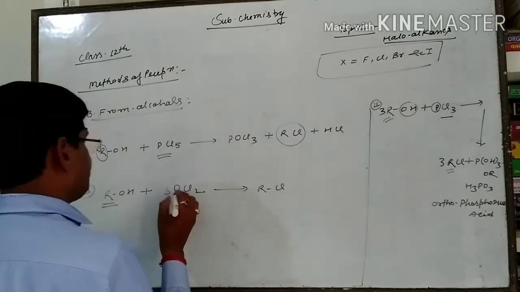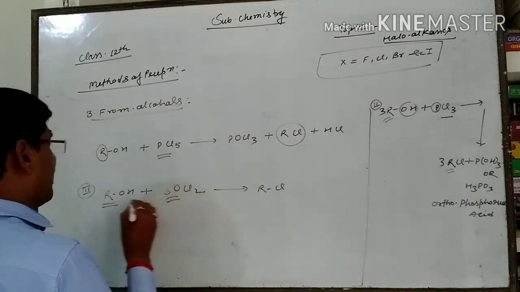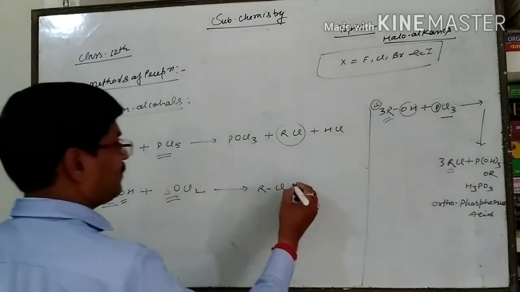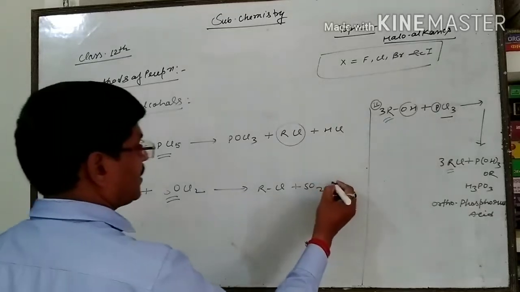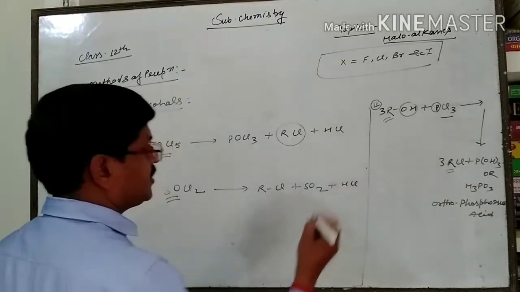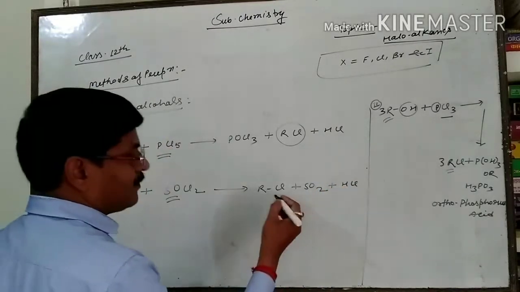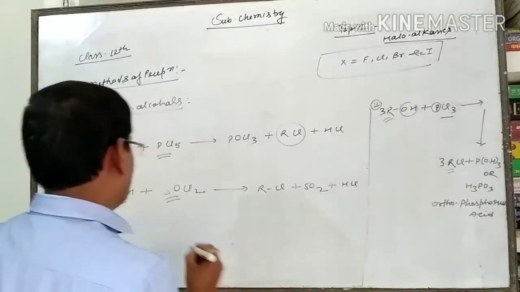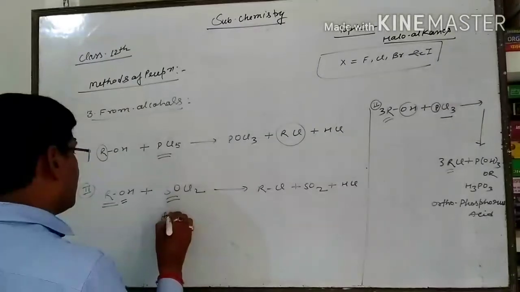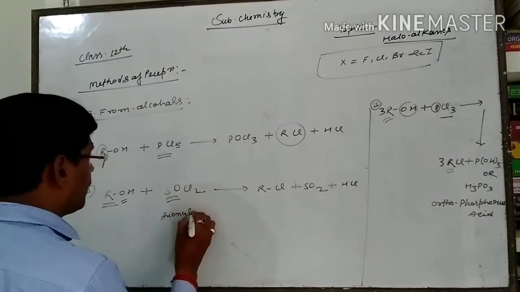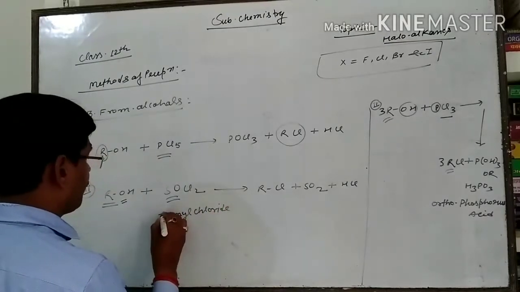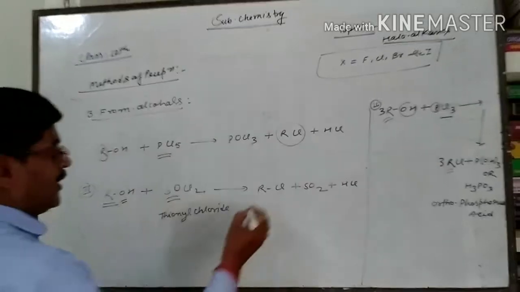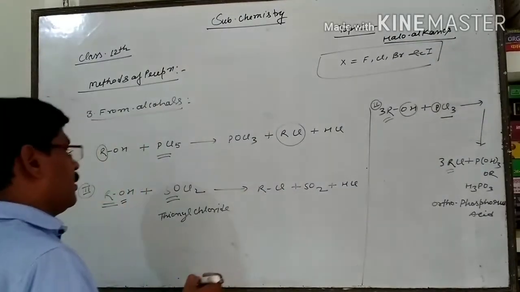After that, you are seeing SO remain here and one oxygen here, so it will give SO2, and with formation of HCl. It means alkyl halide once again formed. And this one is the thionyl chloride, and this one is the alkyl chloride.